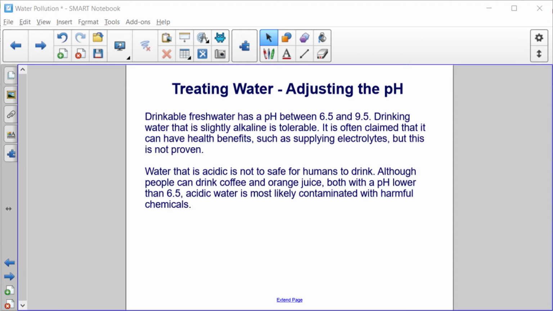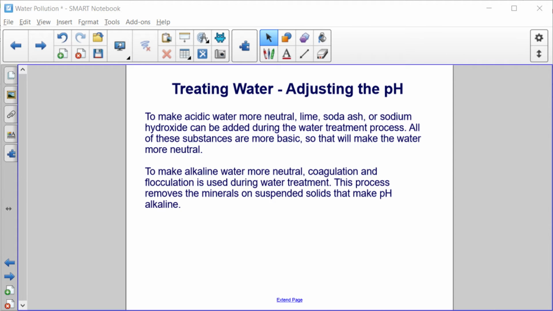Although people can drink coffee and orange juice, both with a pH lower than 6.5, acidic water is most likely contaminated with harmful chemicals. To make acidic water more neutral, lime, soda ash, or sodium hydroxide can be added during the water treatment process. All of these substances are more basic, so that will make the water more neutral.